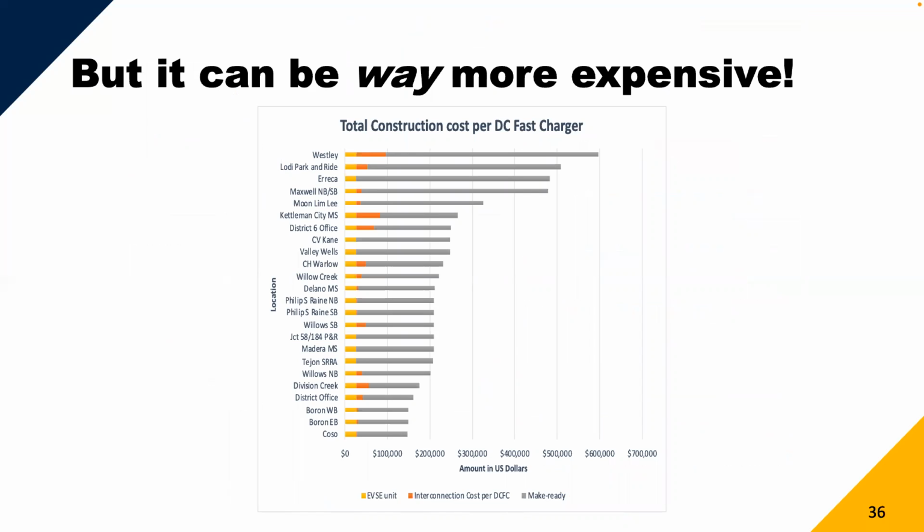A lot of them don't even have electricity going there. So a bunch of stuff needs to happen on the utility end as well. So these are estimates of costs at rest stops, which probably represent the upper end of DC fast charging stations. These guys are on the order of 600,000, 500,000 per charger.